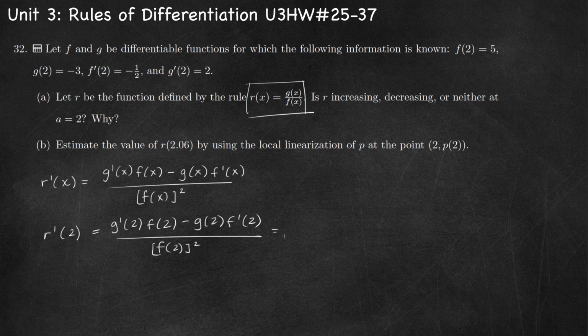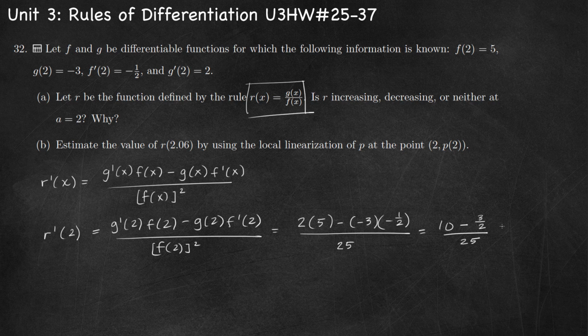The g prime of 2 is given as 2, so we have 2 times f of 2 is 5, minus g of 2 is negative 3, f prime of 2 is negative 1/2, over f of 2 is 5 squared is 25. So this is 10 minus 3/2 over 25. So 10 minus 1.5 is 8.5.